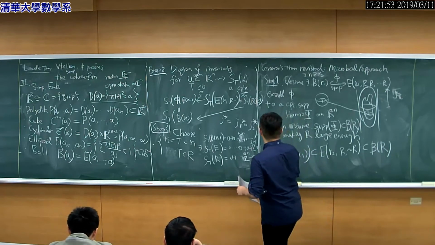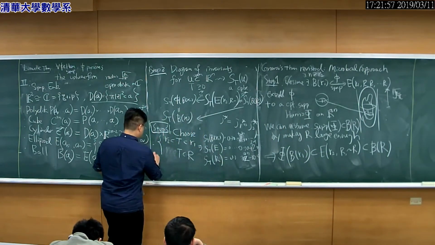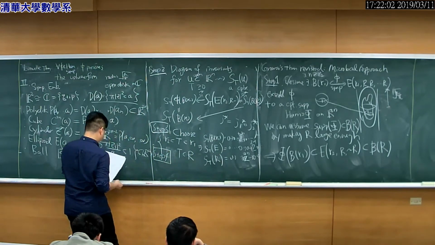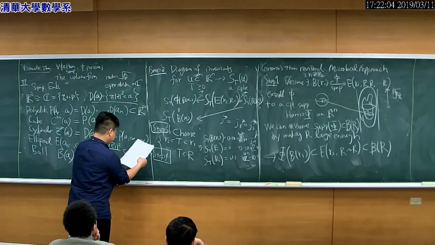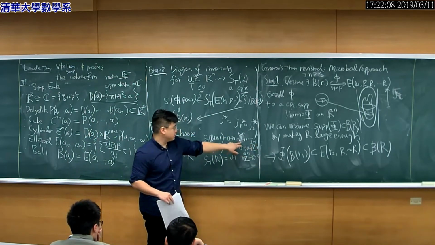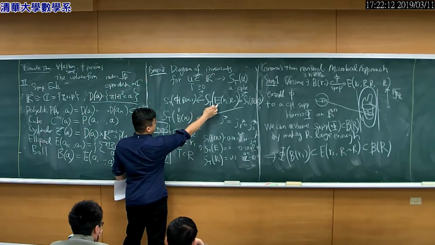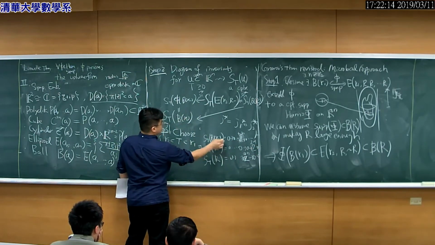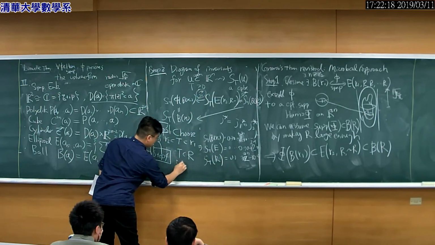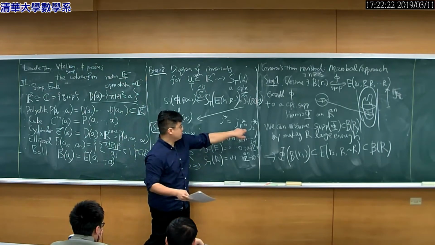So, step 4. Step 4, because we have a shifting of degree, say by 2, so there is no match between these two guys, which means that this one should be 0, which means that you compose with a 0 map, you get a 0.